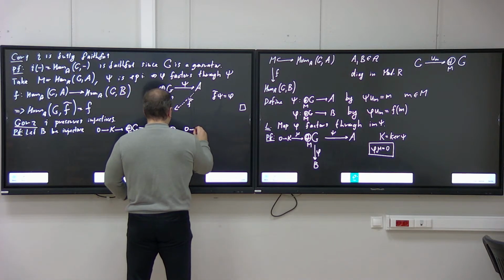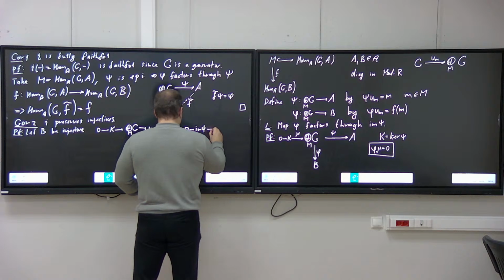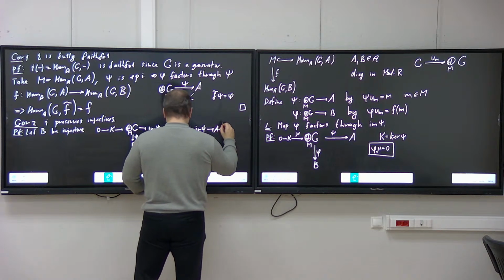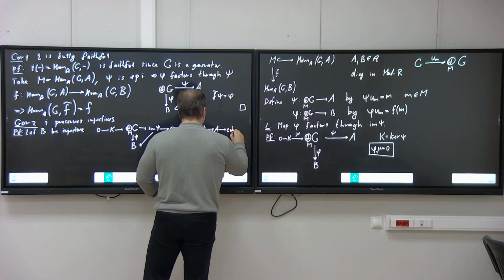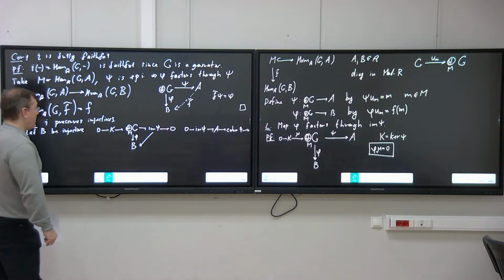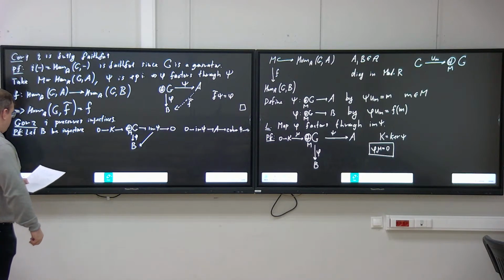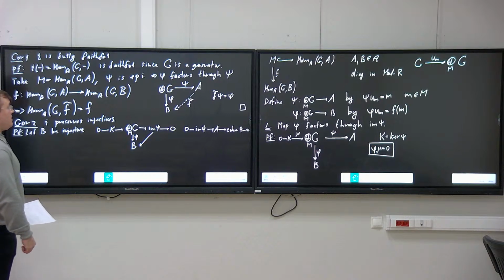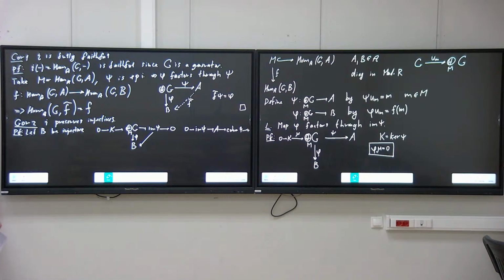I have the image of psi, which is embedded into A, and then there's a quotient which is by definition the kernel of psi. And what is M here? Well, at the moment I think I can just take any M. I didn't use any specifics about the M. Any M.